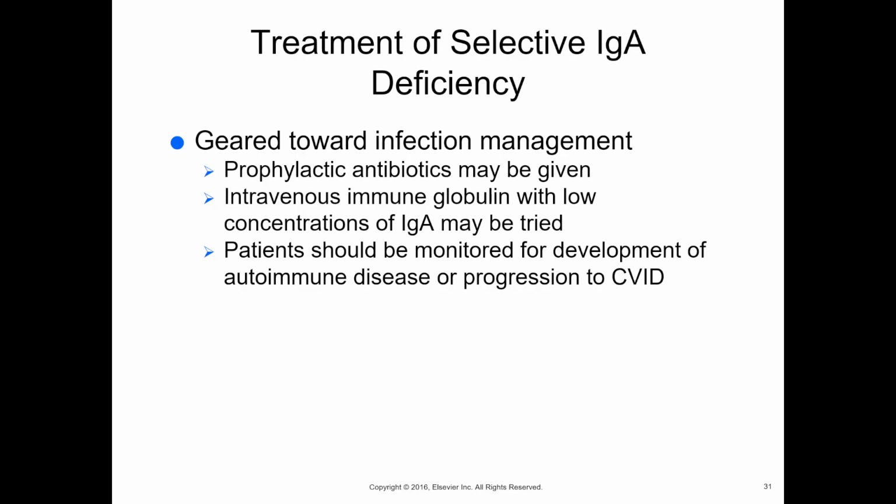Treatment is geared towards infection management. Again, prophylactic antibiotics, which may not be great, but people like this don't have a high-functioning immune system to begin with. IVIG, especially with IgA, could be highly effective.